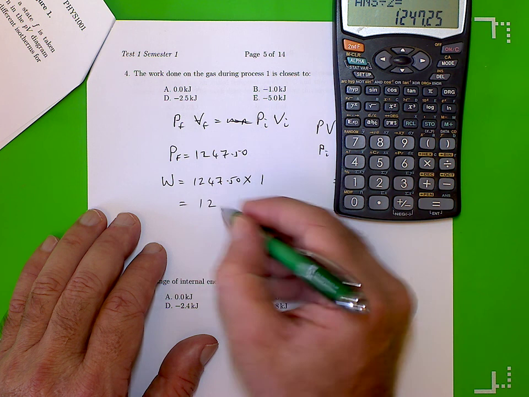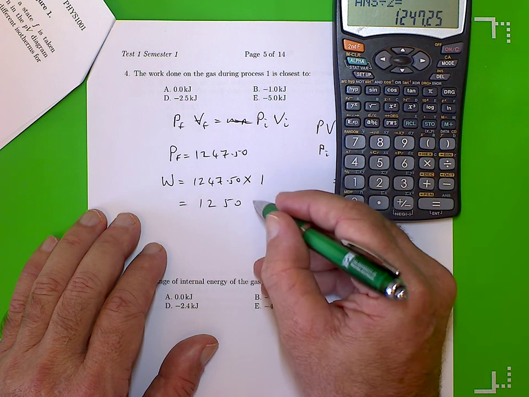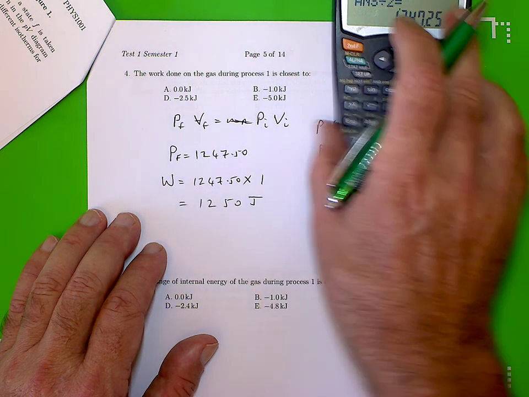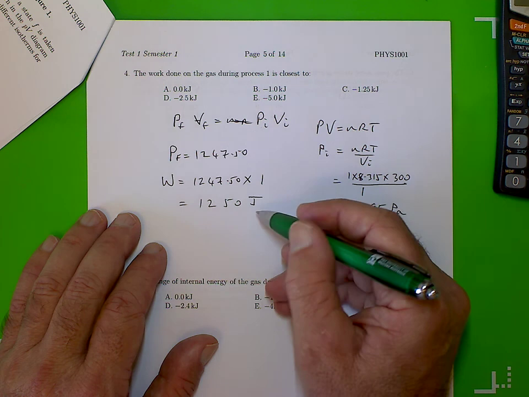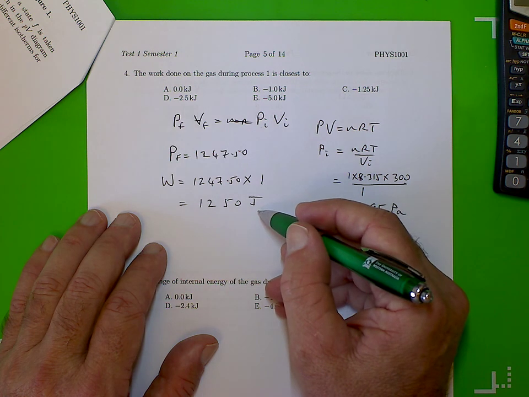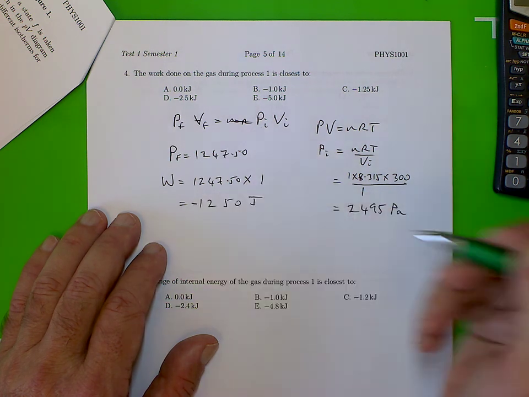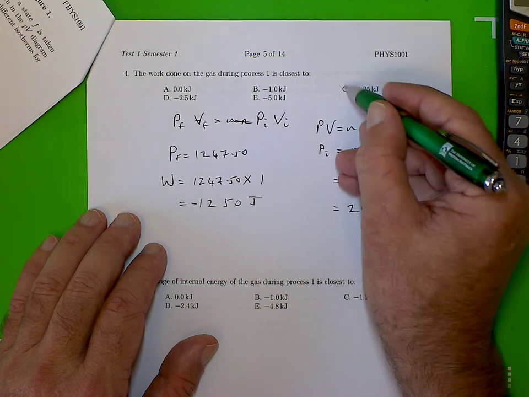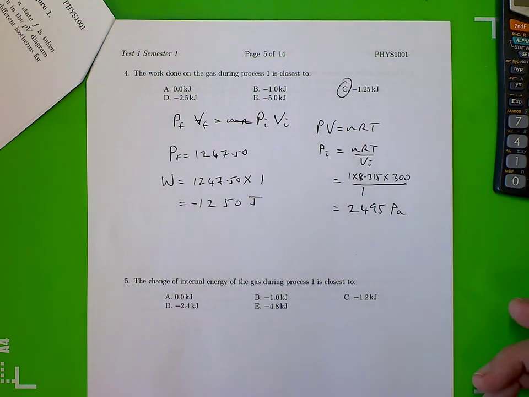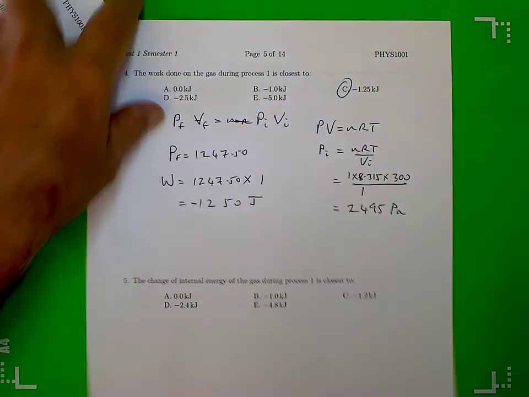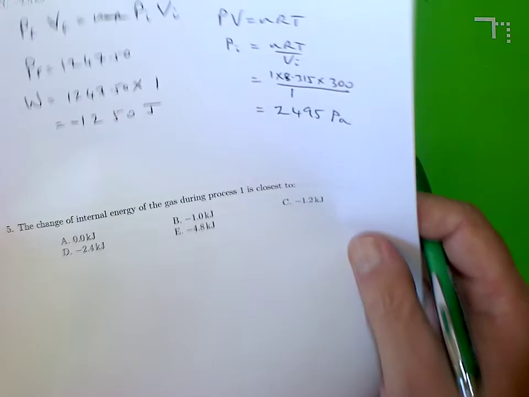So we get, roughly speaking, 1250 joules. Now this is the work done by the gas, because it expanded, so the work done on the gas gets a negative sign, and C is our answer. Oh boy, it really wasn't fun.